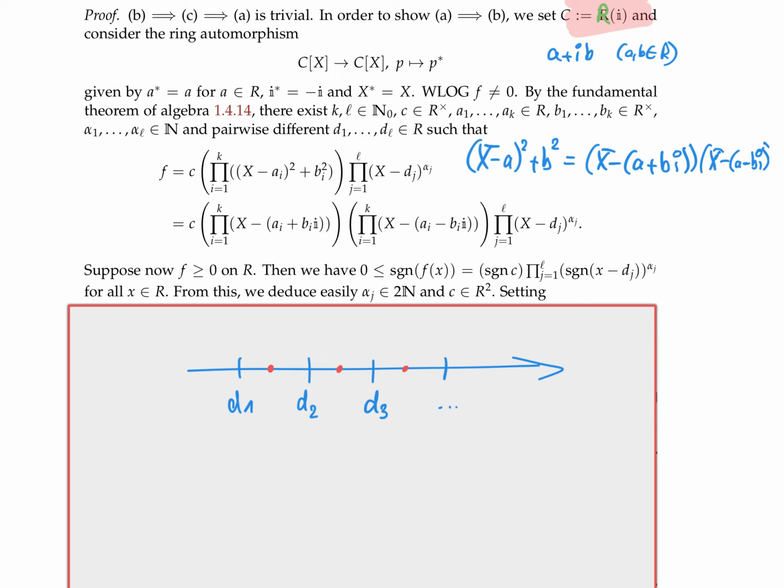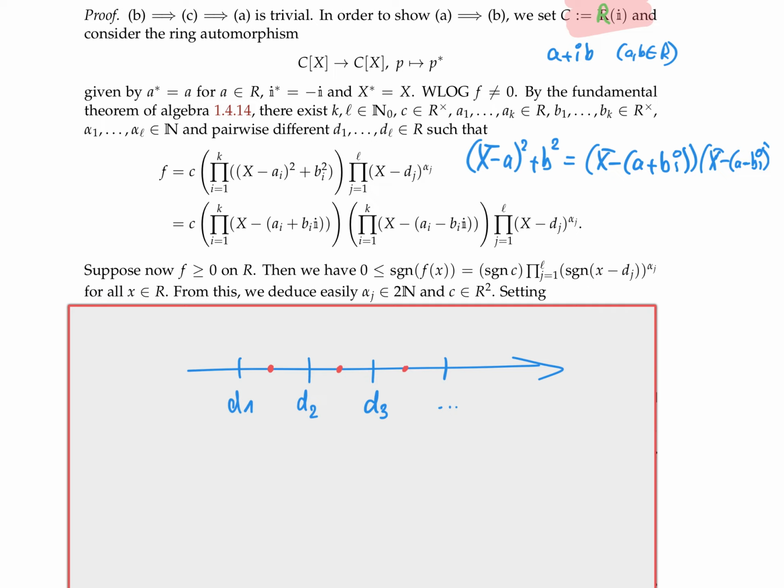Because if you choose a point that is not one of the di's, then this will never be 0. So it's positive when you put in this x here, and positive if you put in this x here. And this means that alpha 2, for example, is certainly an even number. Otherwise, you would have a sign change between here and here.